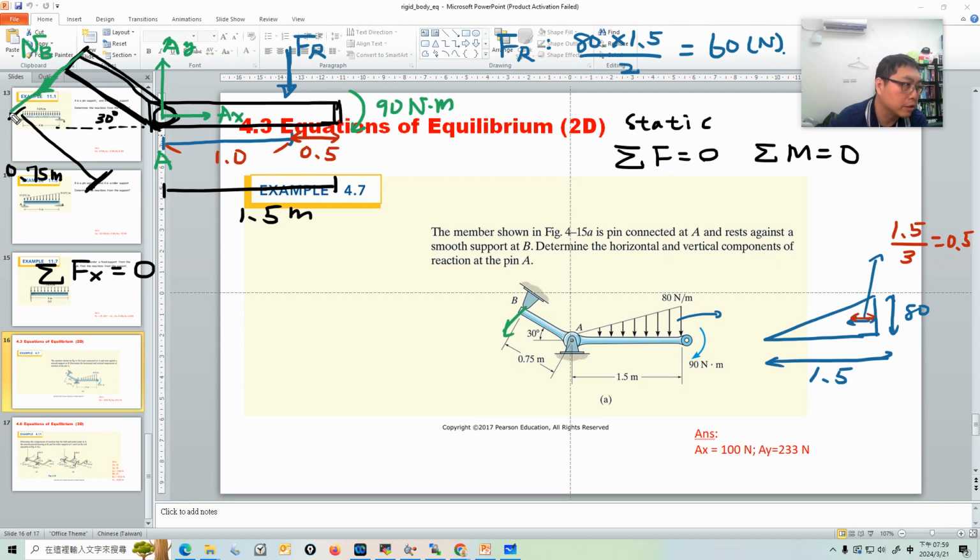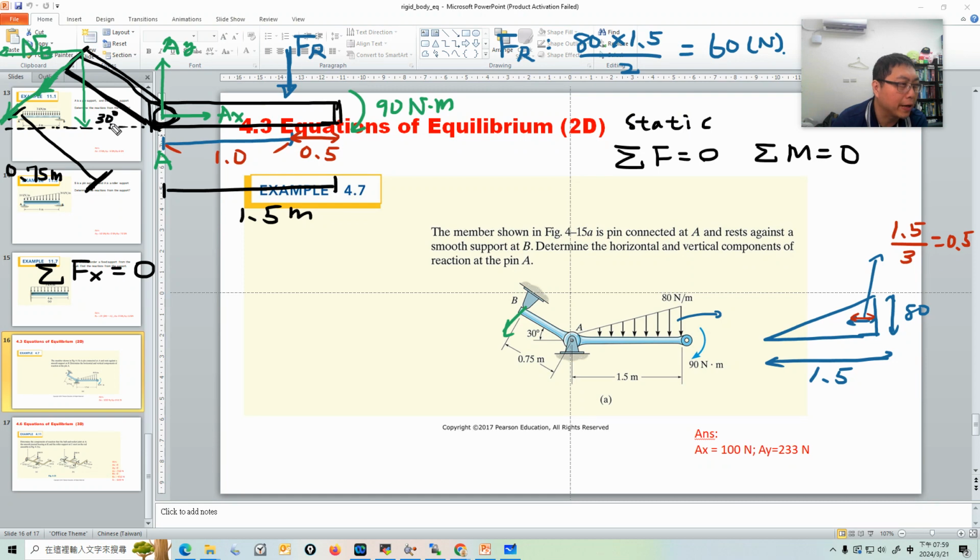I think I should draw this here. It's really a drawing problem. So if I decompose the direction, it's 30 degrees here, so 30 degrees.